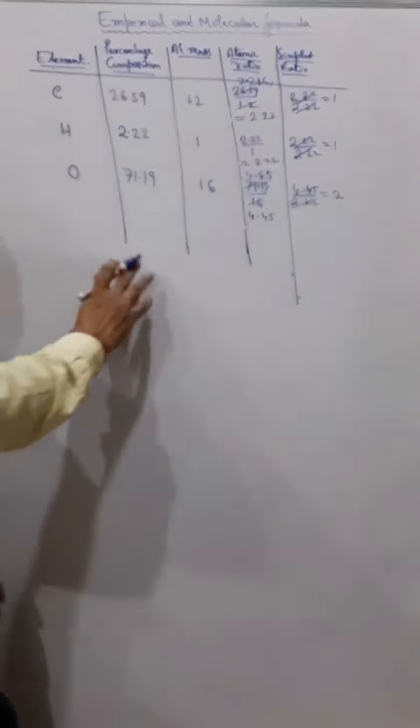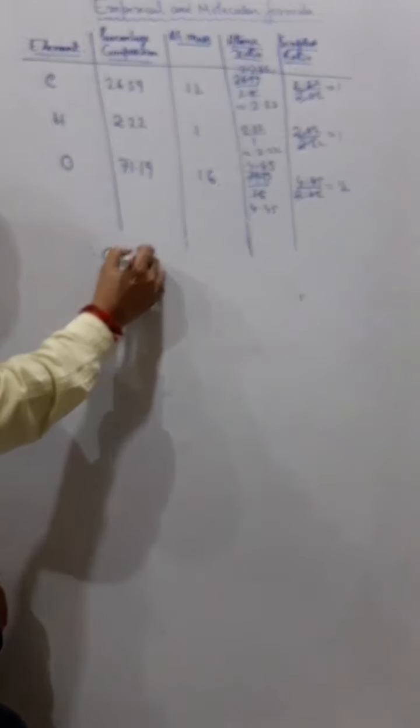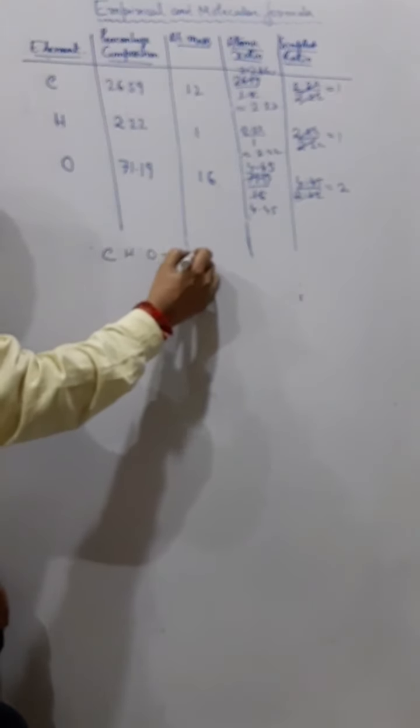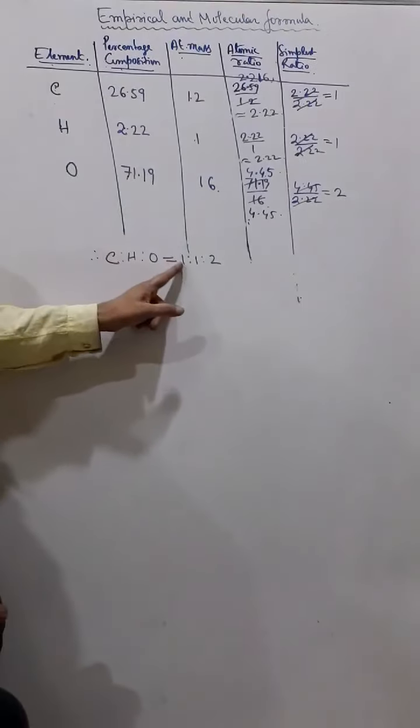So finally we can say, therefore the ratio of C is to H is to O is equal to 1 is to 1 is to 2. Understand? This ratio will be the empirical formula.